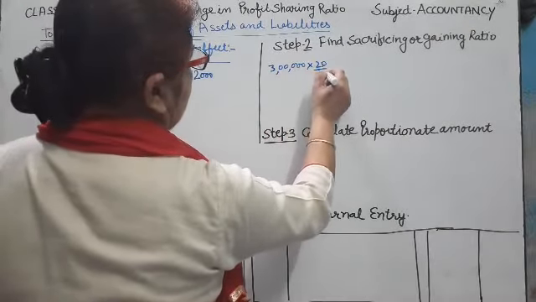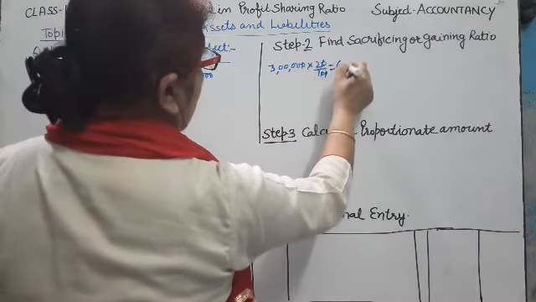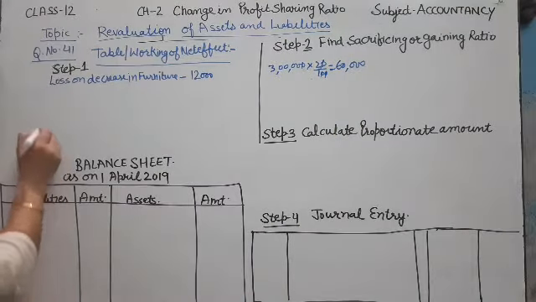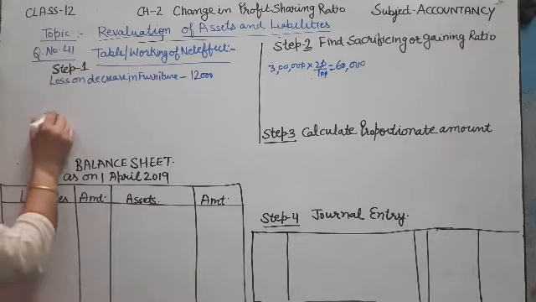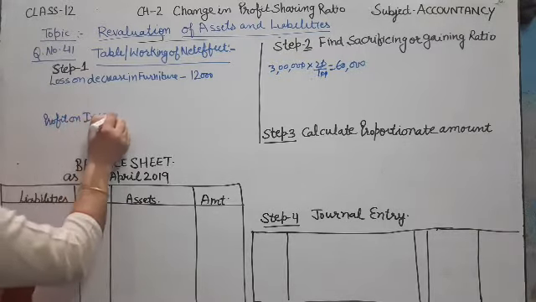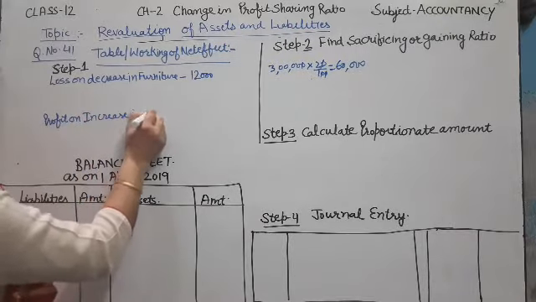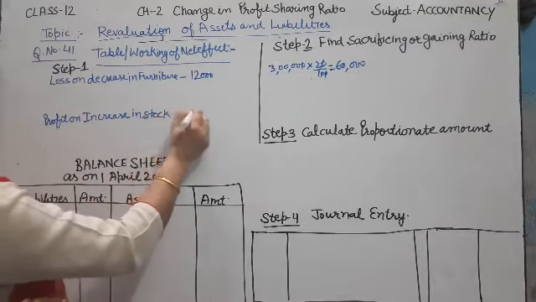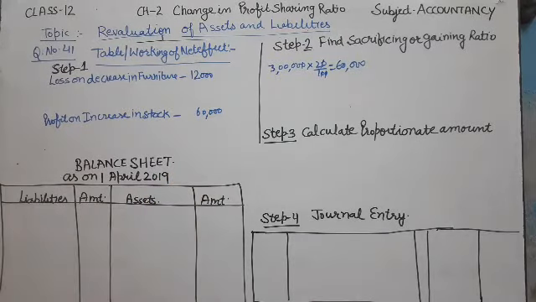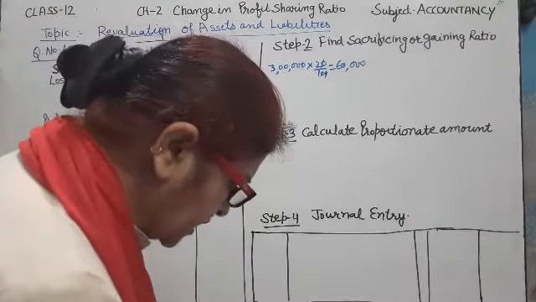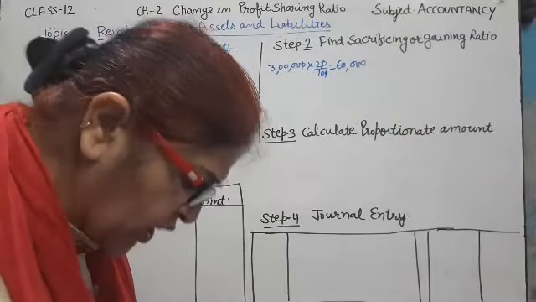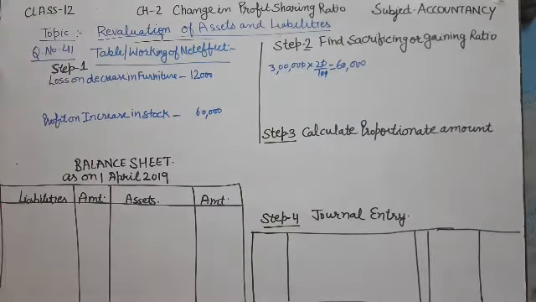That means the amount is 60,000. Stock is appreciated, that means the value is increased. You can write here profit on increase in stock, that is 60,000. The third adjustment is plant and machinery be valued at 4 lakh, and its book value is 4 lakh 20,000.